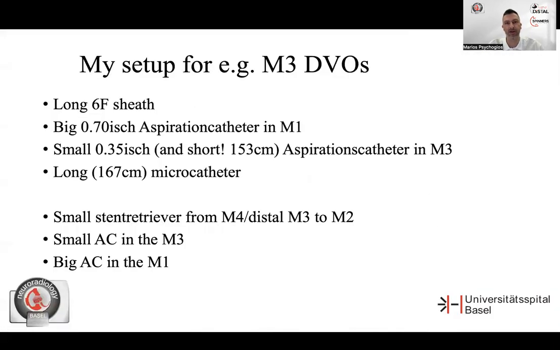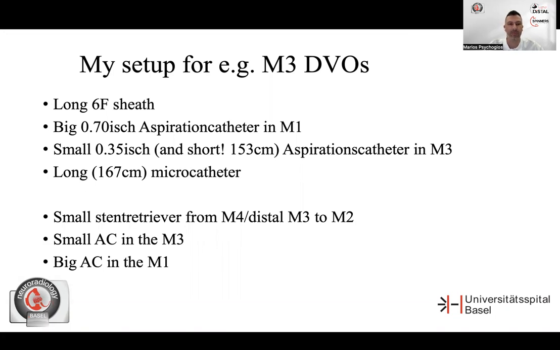This is my setup, for example, for M3. So I take a long sheath in the carotid. I take then a big 60 something or 70 something aspiration catheter in the M1. I take a smaller aspiration catheter in the M3.